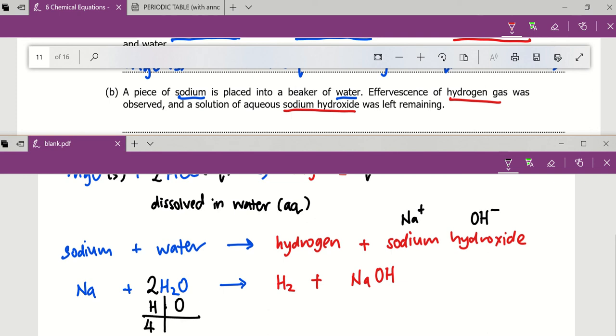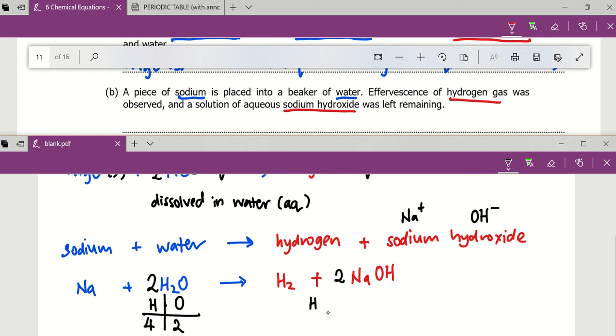With two molecules of water, I will end up having four hydrogen atoms and two oxygen atoms. The only place where I see oxygen atom is on the right-hand side of the equation, which is at NaOH. So to make sure that the O is balanced, I can introduce a coefficient 2 in front of NaOH. So once this is done, let us take a look at the number of hydrogen.